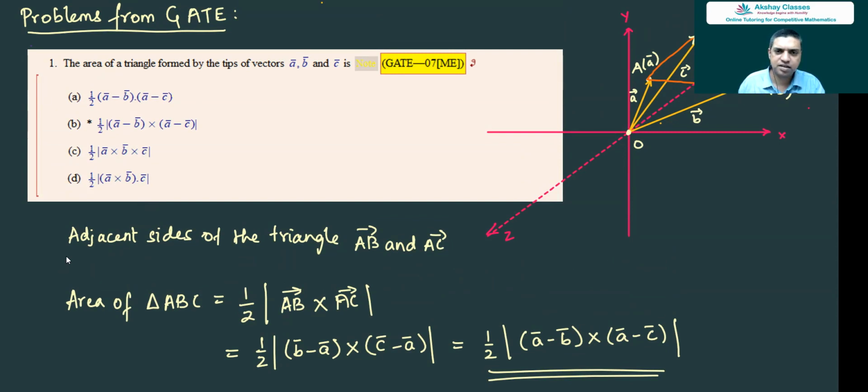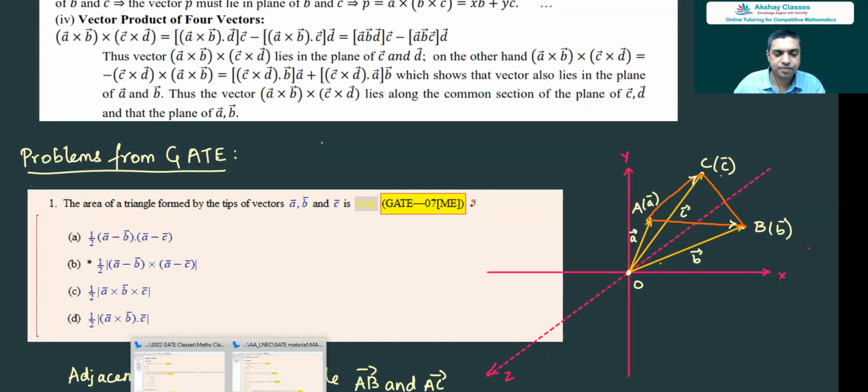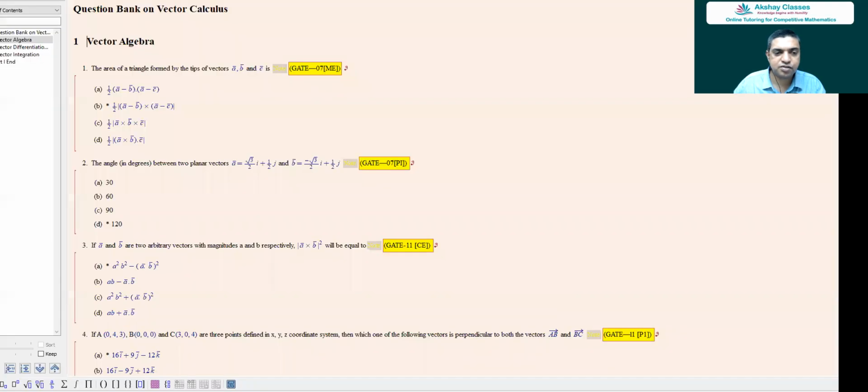Clear? It was a simple question, not a difficult question. But we just have to have the right concept of it. Let's do another one. This will be easier. I'll remove the answers for now.